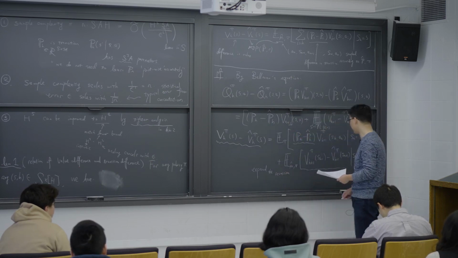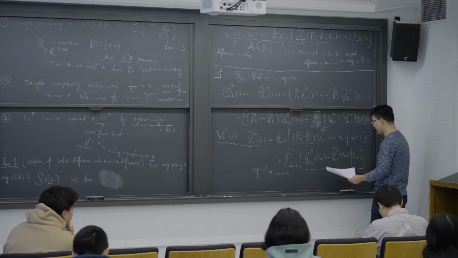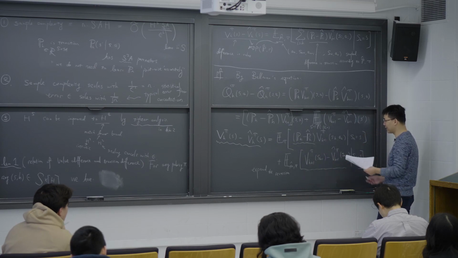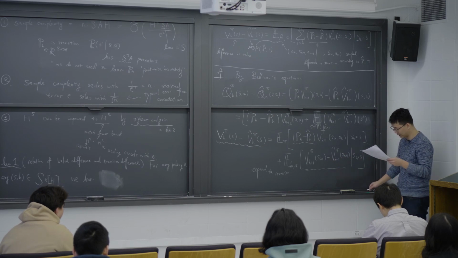Expanding the recursion means that for the value in the next step, we can again apply the same argument, and decompose it into the transition difference in the next step, H+1 step, and the value difference in the H+2 step.